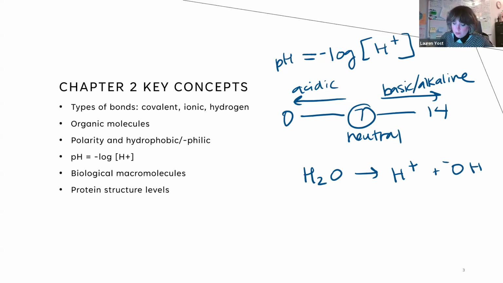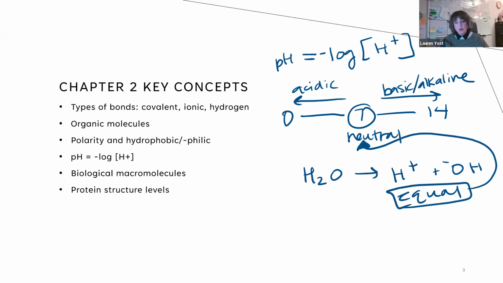When those are equal, that is 7. Okay, and this is important also because what the negative log of the hydrogen concentration really means is that 10 to the negative, whatever your pH is, is the actual concentration of the hydrogen ions.